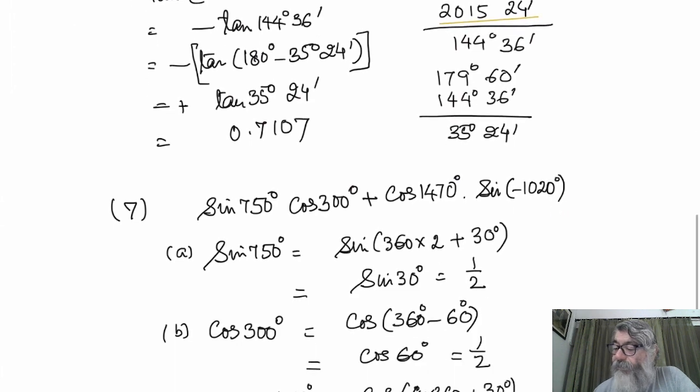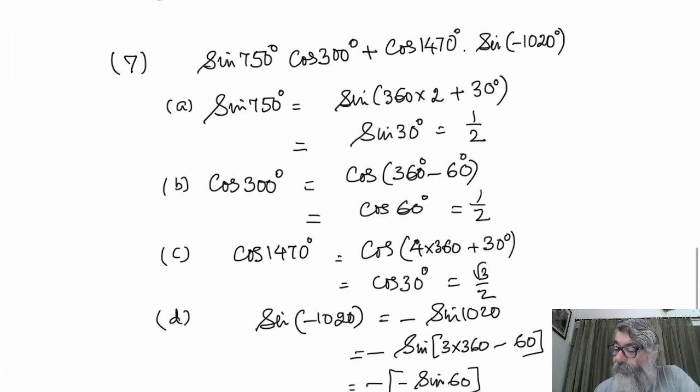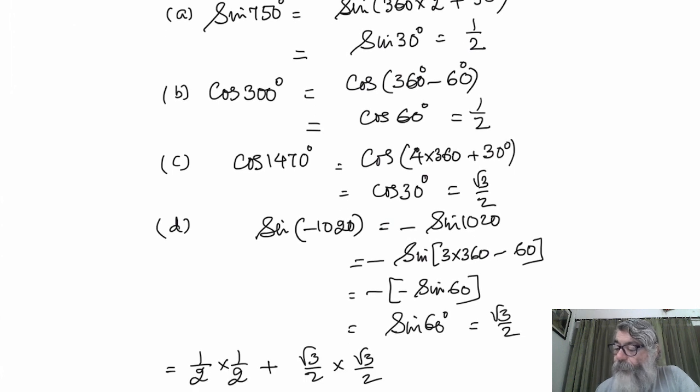Cos 1470 came out to be root 3 by 2. And sine minus 1020 came out to be root 3 by 2. So 1 by 2 into 1 by 2 plus root 3 by 2 into root 3 by 2 will be equal to 1 upon 4 plus 3 upon 4. It will become 4 upon 4. So the answer will be 1.